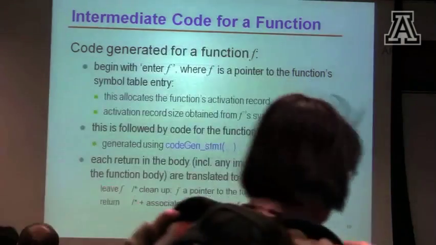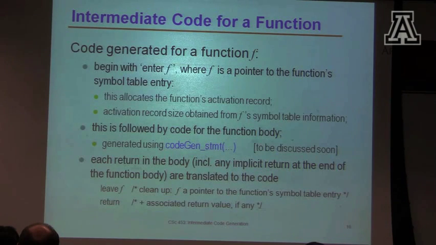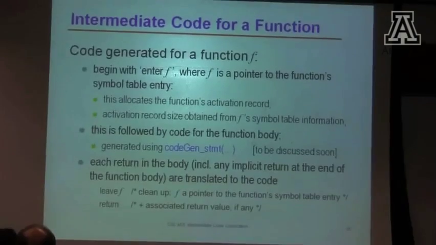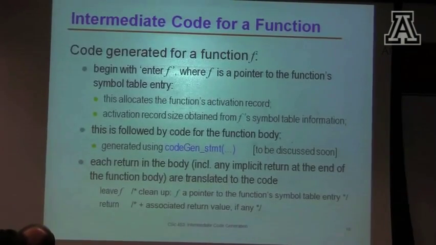For your implementation, I need to be a little bit more specific. In general, an operand field can be a variable or it can be a constant. So if all you have is a bit pattern, you don't know whether that's a variable or a constant. So you need one bit somewhere to indicate whether that's a symbol table pointer or a constant. Okay, so just keep that in mind.